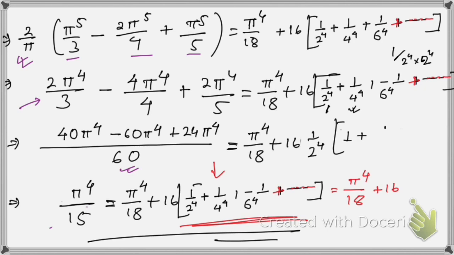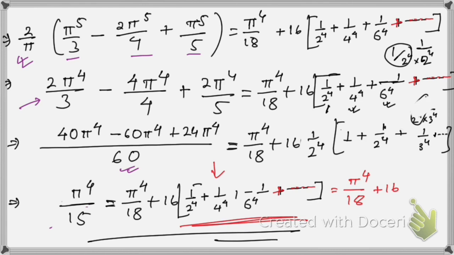That is 4 to the power 4. So 1 by 2 to the power 4 is taken common, 1 by 2 to the power 4 left, right? And then from here you can see that 1 by 6 to the power 4 can be written as 1 by 2 to the power 4 into 3 to the power 4. So 1 by 2 to the power 4 is taken common, so 1 by 3 to the power 4 left, and so on. We're gonna get this, right?